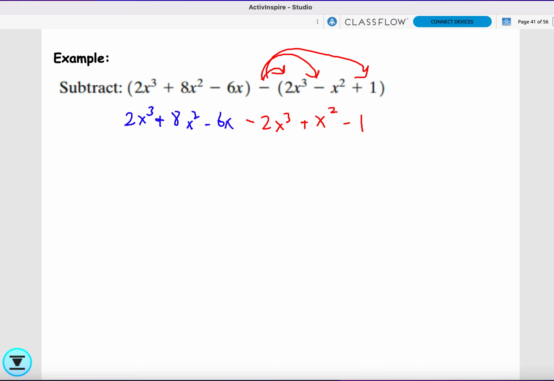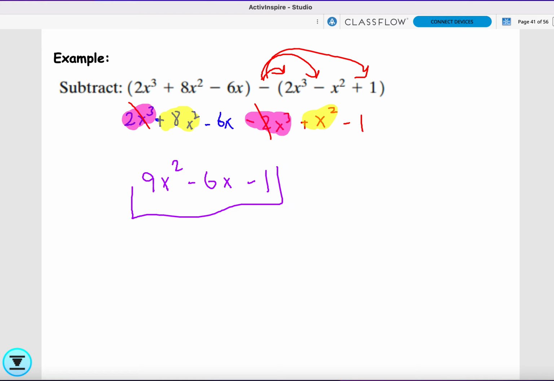Positive 1 becomes negative 1. And now we combine like terms. We combine 2x cubed with negative 2x cubed. X squared with x squared. And so on. So these are going to cancel out. So then we get 8x squared plus x squared is x squared minus 6x minus 1. And we're done.